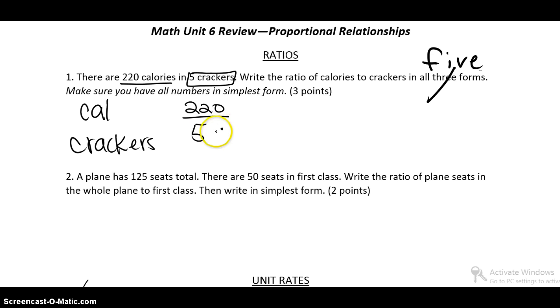Now we're going to divide both numerator and denominator by the denominator. So this time we're dividing by 5. We end up getting 44 over 1. So that's one way of writing the ratio of calories to crackers.